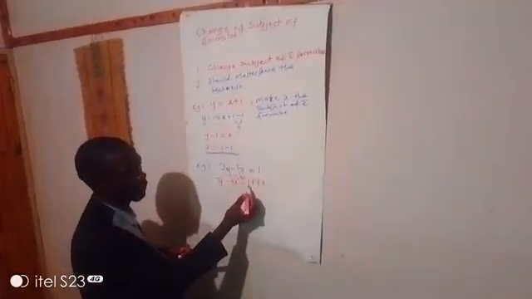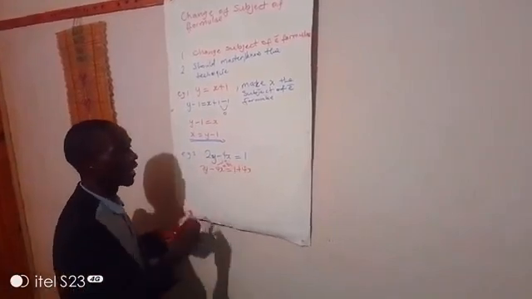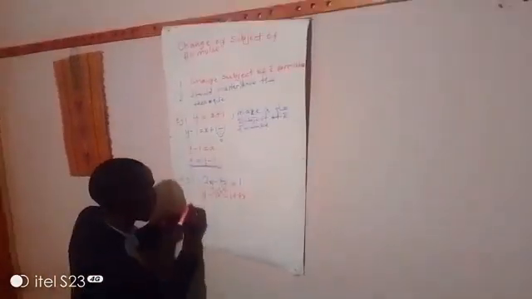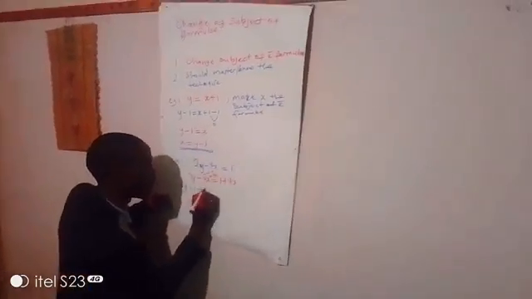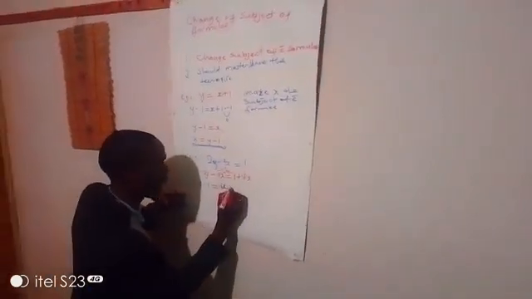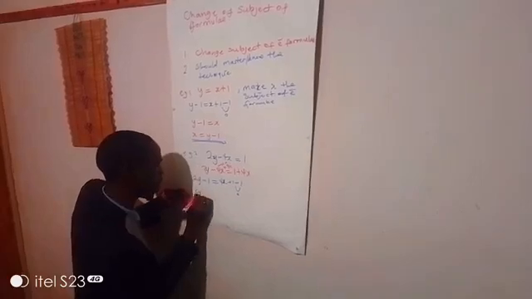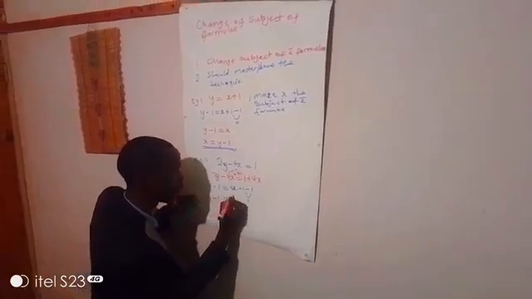We can see now we have 1 plus 4x. We therefore subtract 1 from both sides to remain with 4x. So we have 2y minus 1 is equal to 4x plus 1 minus 1. This one gave us 0. So it's 2y minus 1 is equal to 4x.